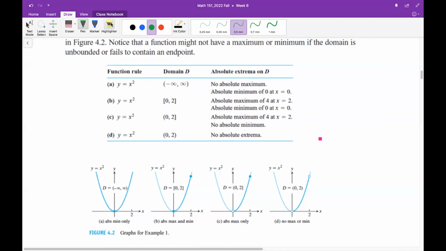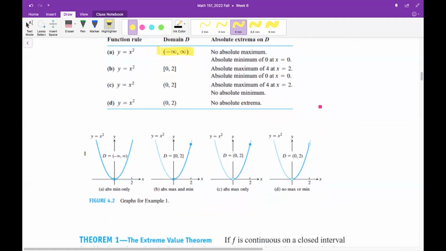So first, over the whole real numbers, from minus infinity to plus infinity. So our domain is this one.